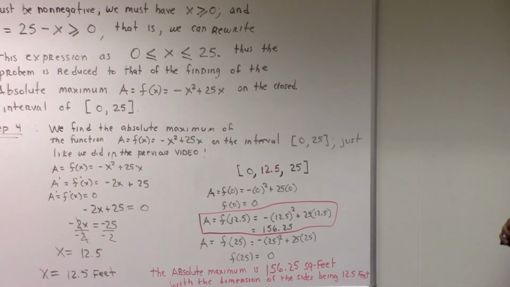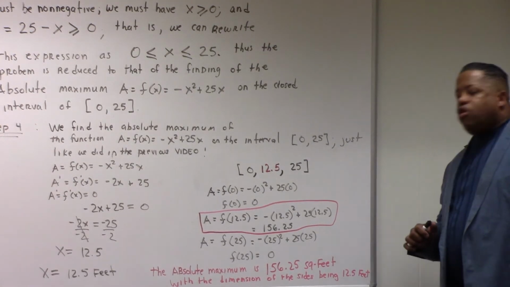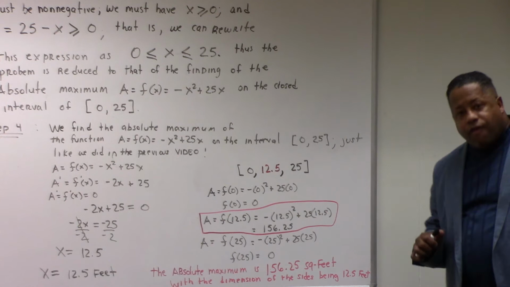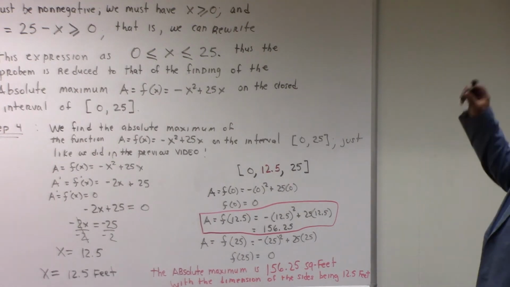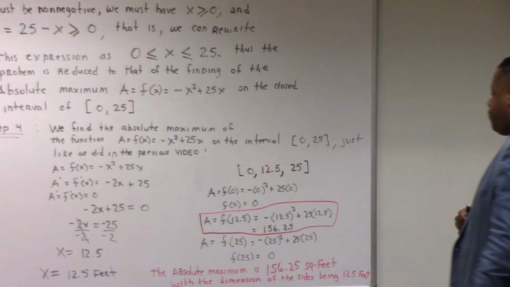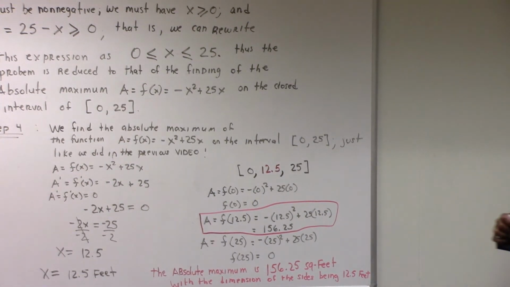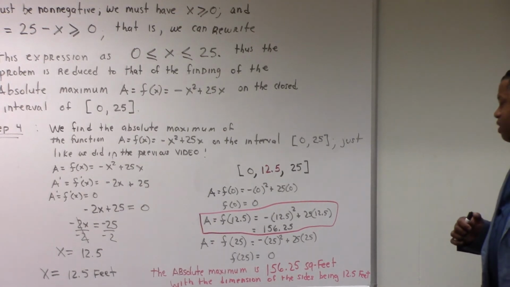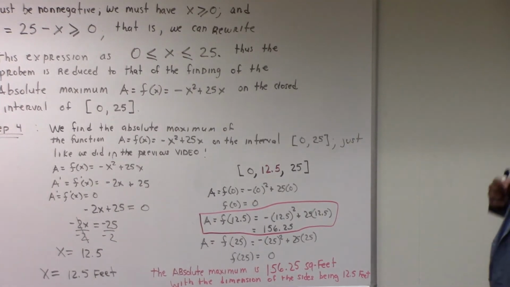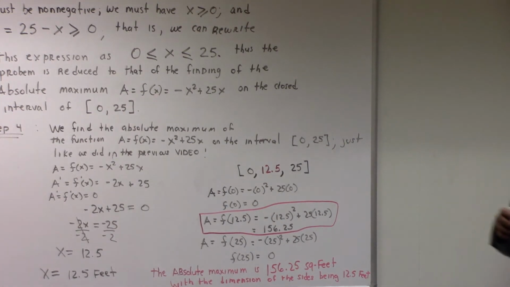We get a maximum area of 156.25 square feet, because we got to know the area, right? So with the absolute maximum being 156.25 square feet, we see that the dimensions of the side are 12.5 feet.